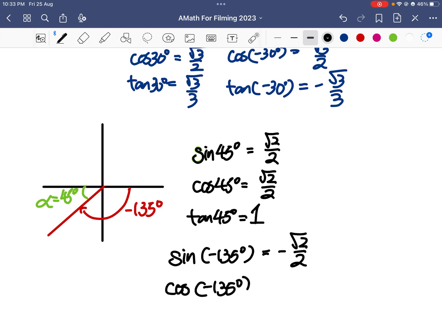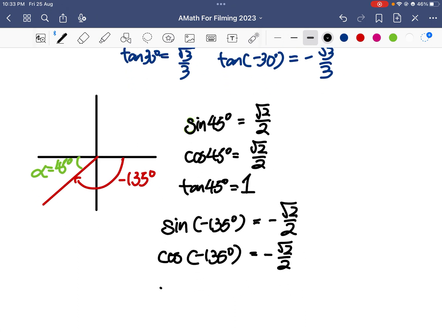Similarly, cosine of negative 135, ASTC in the third quadrant, only my tangent is positive, hence cosine also gives you negative root 2 over 2.